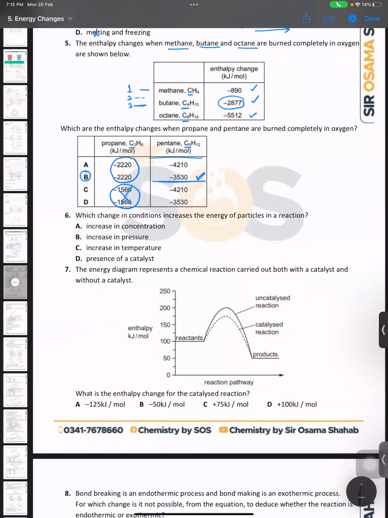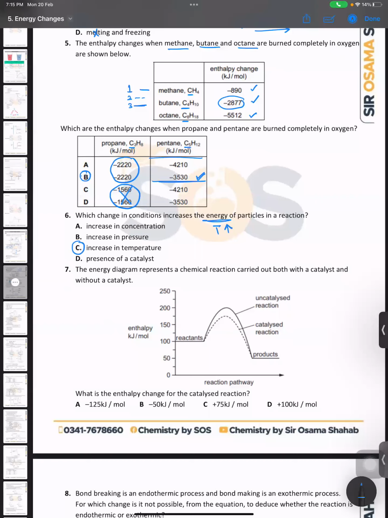Okay, so I think Ahmad is not there. और जी आप बताइए। सर 7 का सी होगा। 6, I am asking about 6 बेटे। Yes sir, 6. Okay, so which change in condition increase the energy of the particle, and we know that the kinetic energy can be increased by increasing the temperature.